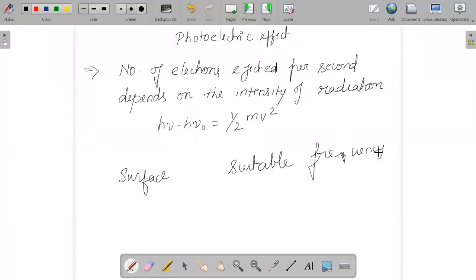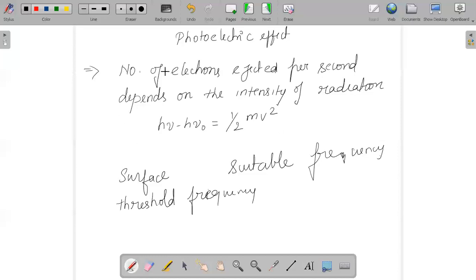So that minimum frequency which we require for ejection of electrons, we say that term as your threshold frequency. And do remember, the energy of the ejected electron will be directly proportional to the frequency of the radiation.